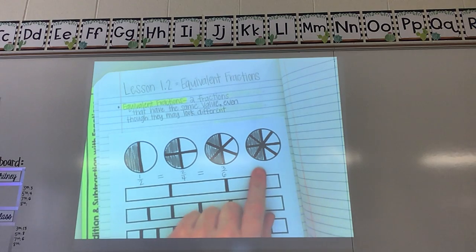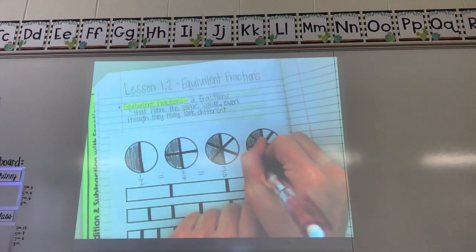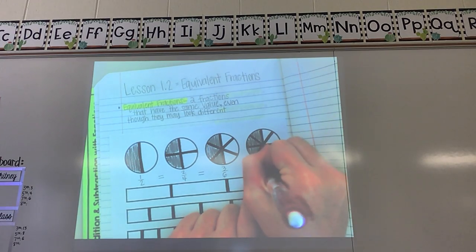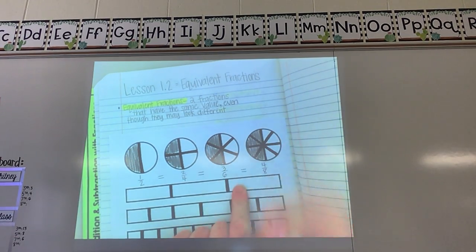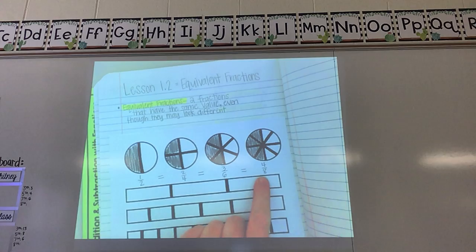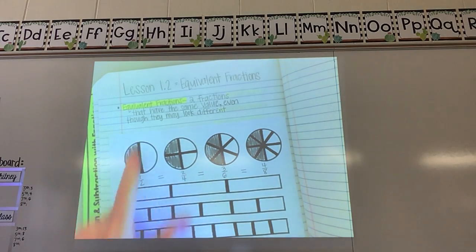What fraction of the circle did I just shade? Hopefully you said 4/8. And also you are noticing that 4/8 would be equivalent to all of these other fractions because we have shaded the same amount.